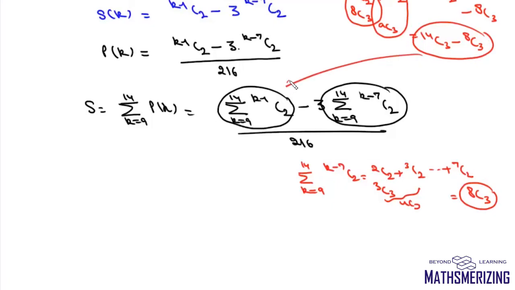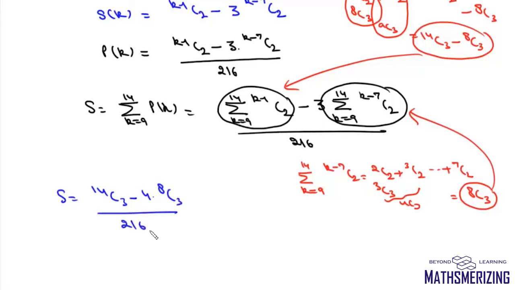Now we put in the values of these summations, then we can write this S as 14 C3 minus 8 C3 minus 3 times 8 C3, so that will be 14 C3 minus 4 into 8 C3, divided by 216.